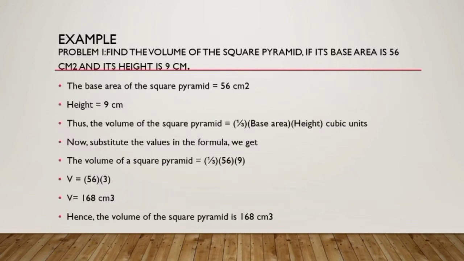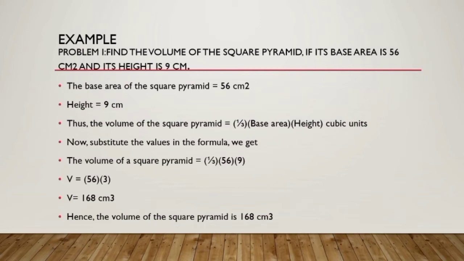Example problem 1. Find the volume of the square pyramid if its base area is 56 cm squared and its height is 9 cm. The volume of the square pyramid is equal to 1/3 times base area times height cubic units.